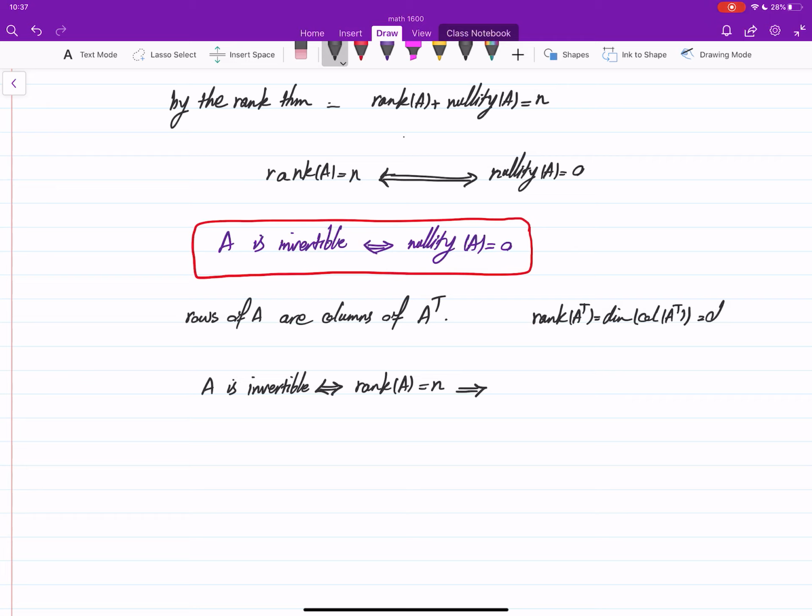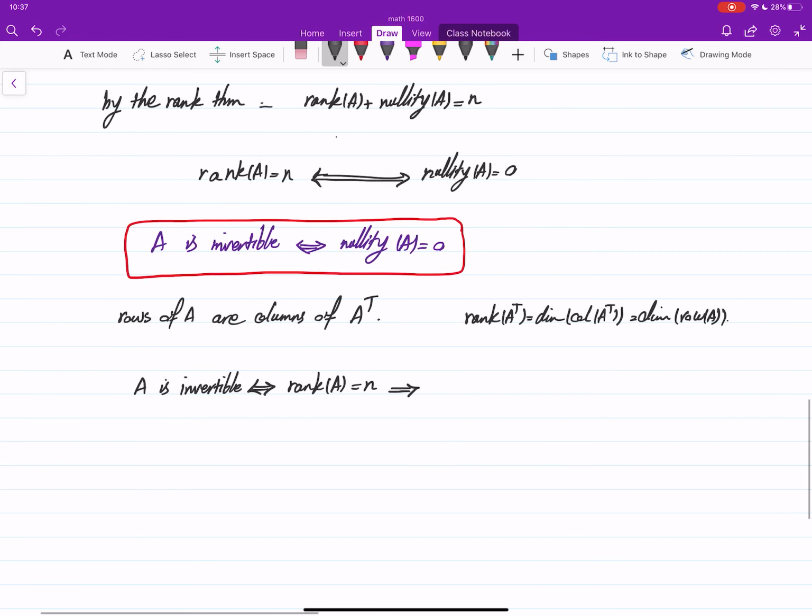This is the same thing as the dimension of the row space of A. That is just the rank of A. So the rank of A and the rank of A transpose are the same thing. So this means that the rank of A transpose is equal to n.